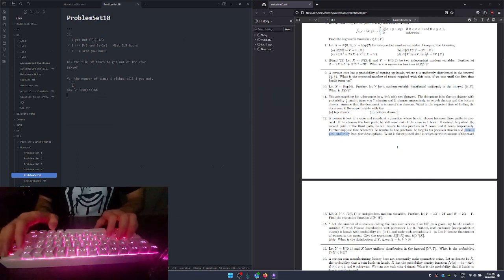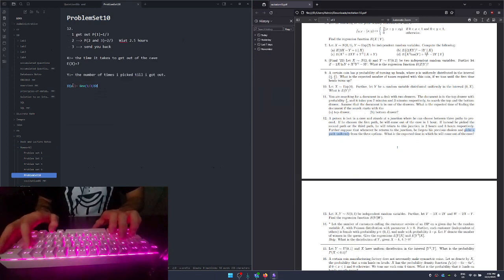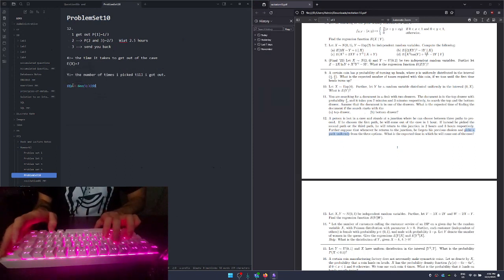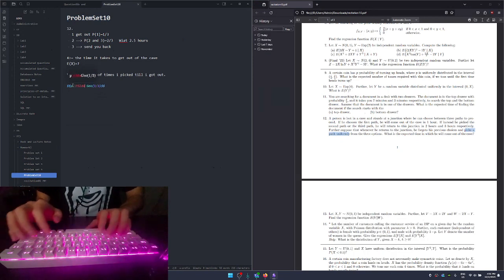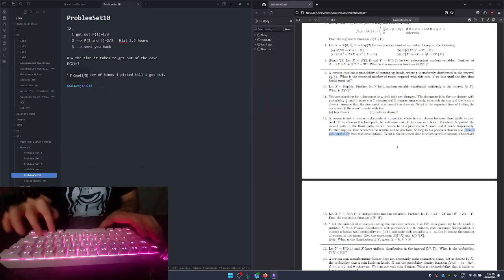It doesn't know tilde, so we can just wait a second. I think this is a problem. It's not letting it work. How do I write the tilde here? Y tilde 1 over 3, and I cannot write the tilde for some reason.